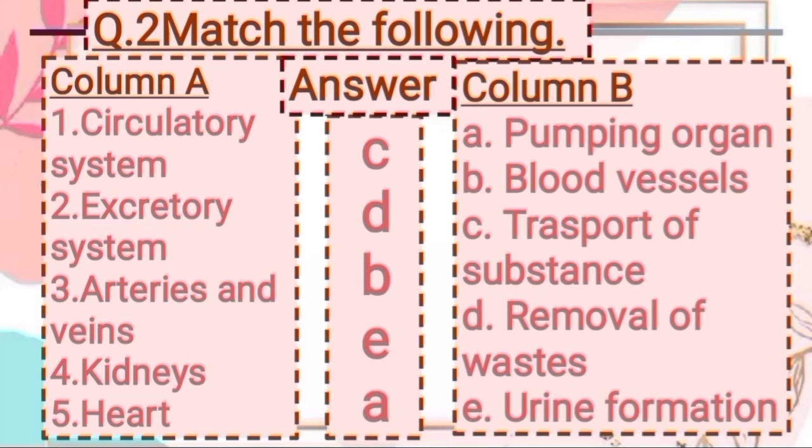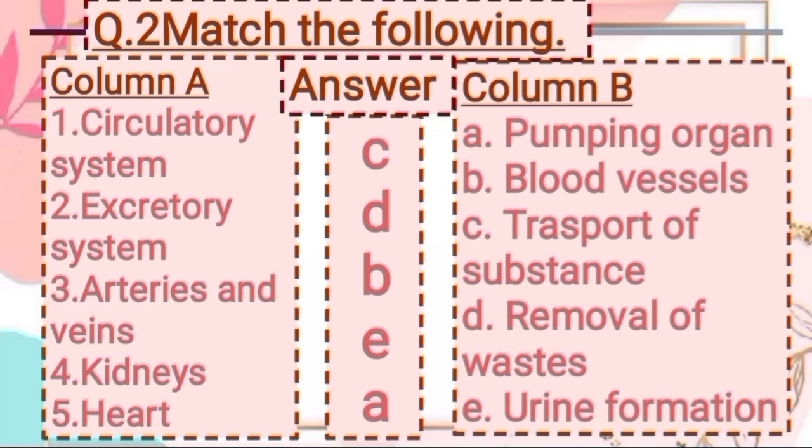Now fourth from column A is kidneys. As you know, the formation of urine takes place inside the kidneys. So answer is option E, urine formation.